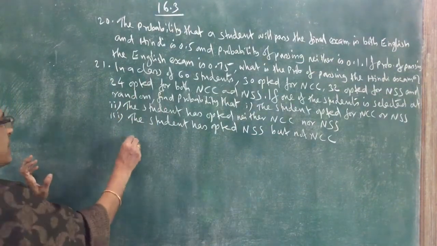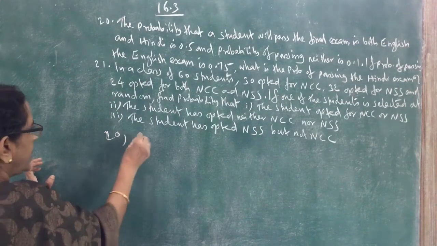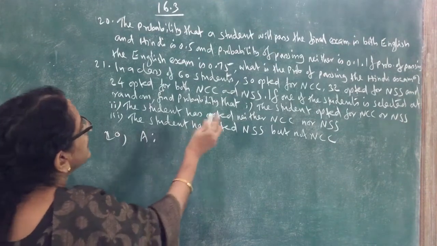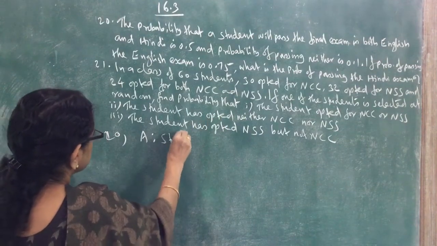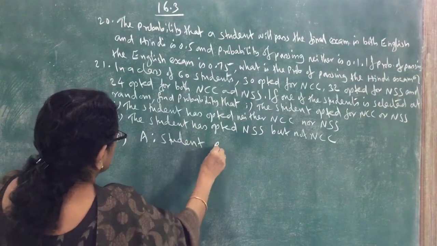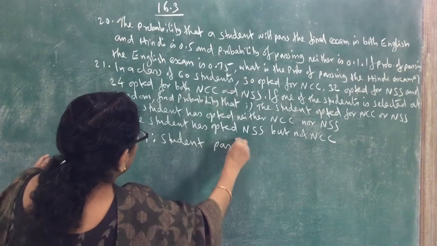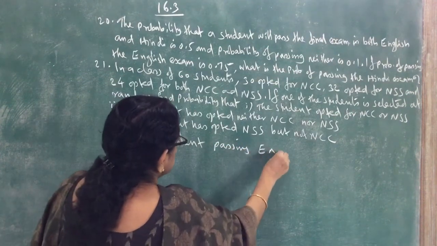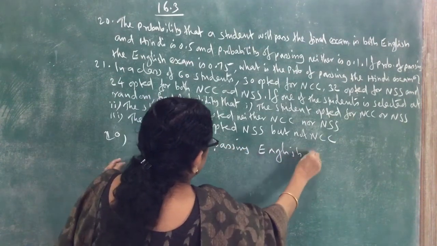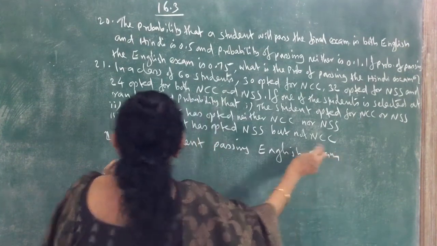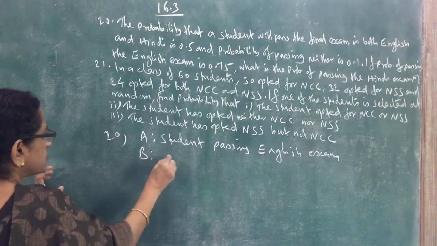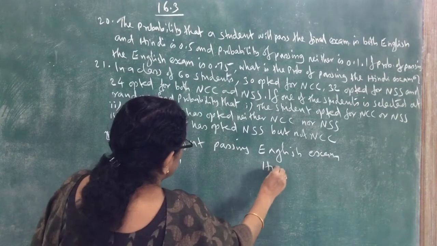So we can name the events. Let A be the event that a student passes the English exam, and B be the event that a student passes the Hindi exam.